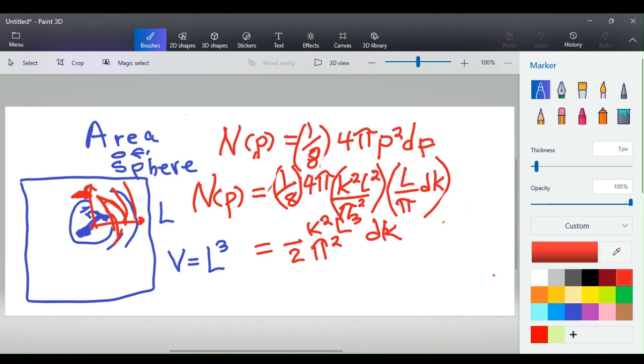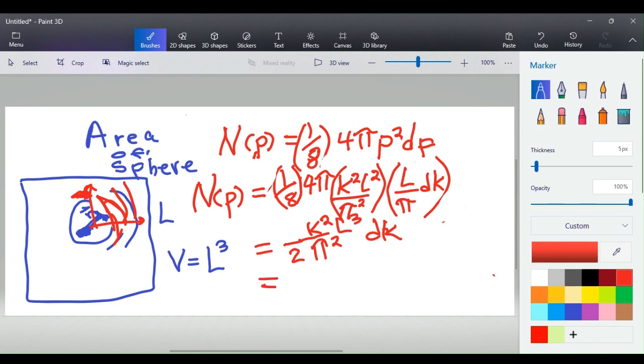So let's examine that a little bit and see if we can make some sense out of it. Well, here's one of the things that we wanted to get to: L cubed is the volume. L gives us the dimensions of that cube. And let's see what we come up with here.